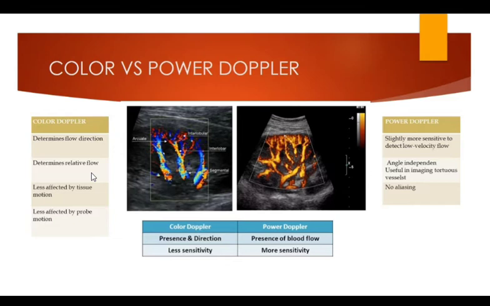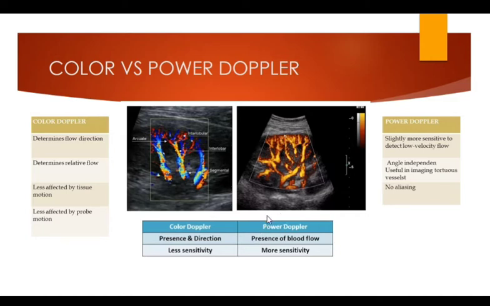We will go into the probe angle a little bit later, which is more concerned with colour Doppler more than power Doppler. But yep, again, side by side, it's less affected by tissue motion because it's less sensitive. And then, you know, also when you're moving your probe around, it's less affected as well because it's not as sensitive. But when we're looking at our power Doppler, it's more sensitive.